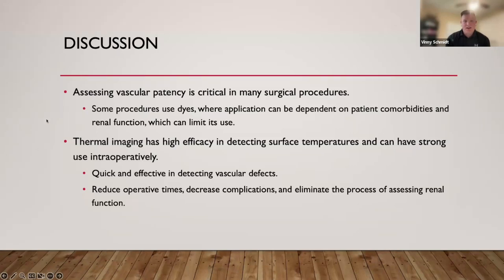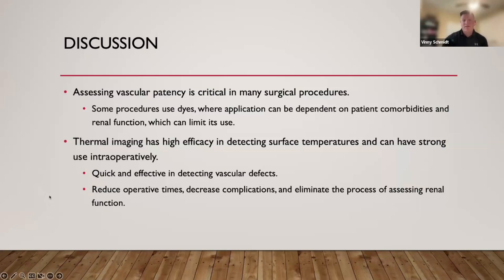So from this, I saw that thermal imaging has pretty high efficacy in detecting surface temperatures. This is a big reason why you can really only use this intraoperatively. Since it only detects surface temperatures, I can't use this when someone's closed up, if I needed to detect vessels in the brain or within the heart, unless it was an open heart surgery where you're doing a CABG and wanted to assess.